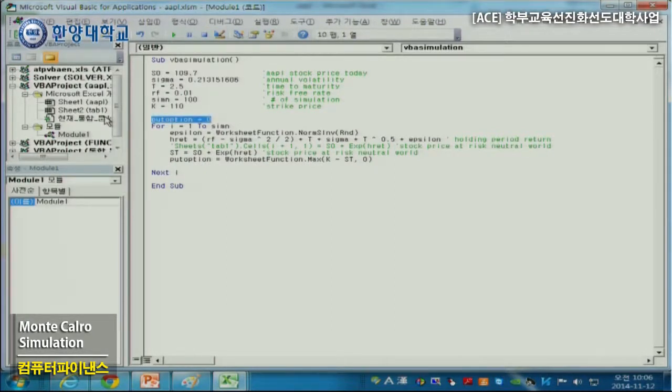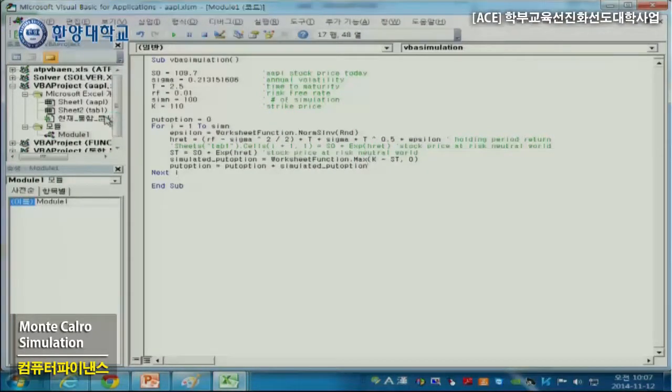So let's define this one is the put option value at I. Simulated put option value. And then my put option value, put option equals, in order to correctly add all simulated put option value, I add put option plus simulated put option.